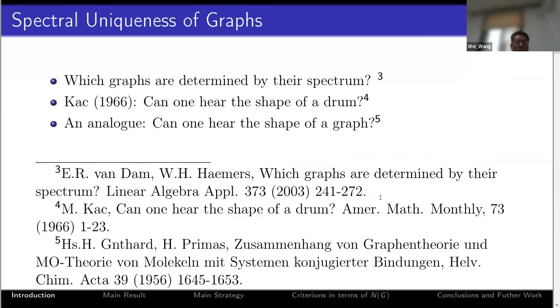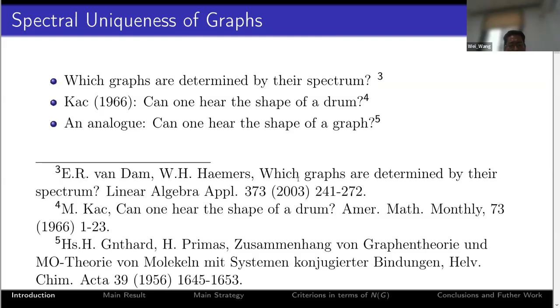So actually, I will show later, our problem is closely related to the spectral characterizations of graphs, which asks what kinds of graphs are determined by their spectrum. In a 2003 paper by Van Dam and Haemers, this is a survey paper, they raised this question.